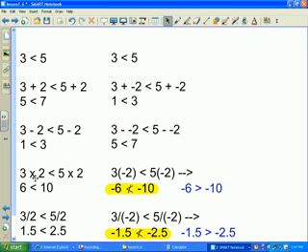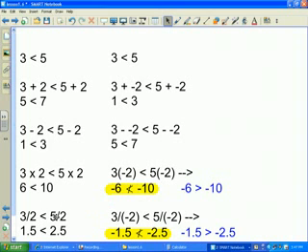Now here, if I multiply both sides of the inequality 3 is less than 5 by positive 2, I have a true simple inequality, 6 is less than 10. If I multiply both sides of that simple inequality by negative 2, I get a false simple inequality. Negative 6 is not less than negative 10. Negative 6 is actually greater than negative 10.